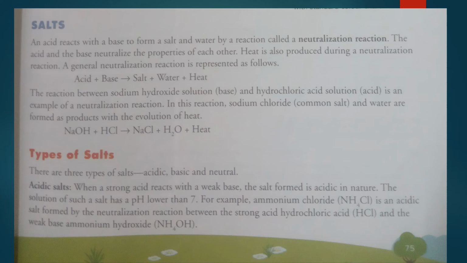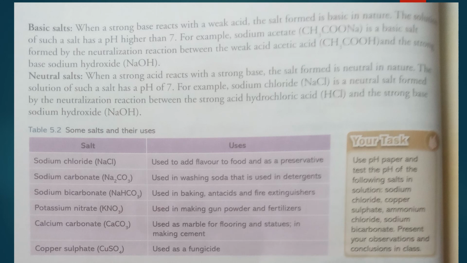Whenever a strong acid and a weak base react, the salt formed is always acidic. Similarly, when a strong base reacts with a weak acid, the salt formed is a basic salt, and a basic salt always has a pH value more than 7.